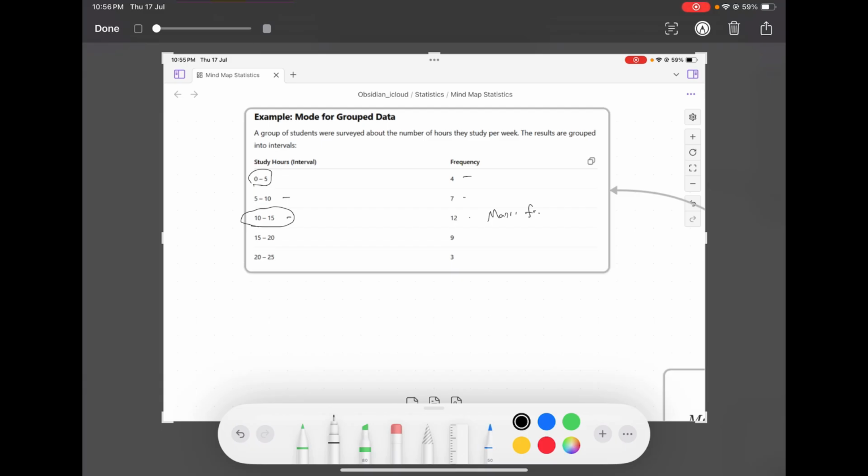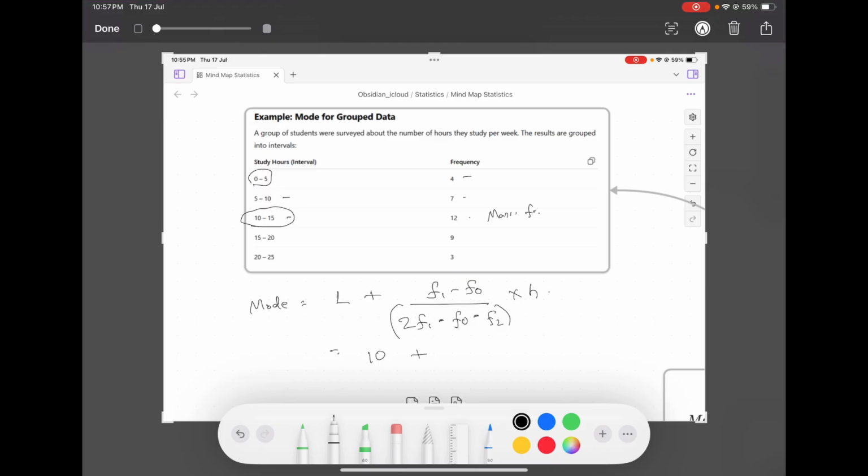So the formula is mode is equal to L plus (F1 minus F0) by (2F1 minus F0 minus F2) into h. Here L is the lower limit, here it is 10.